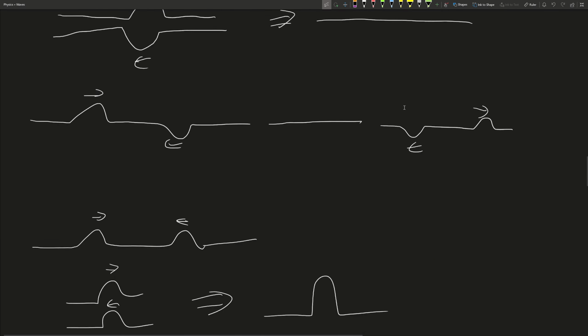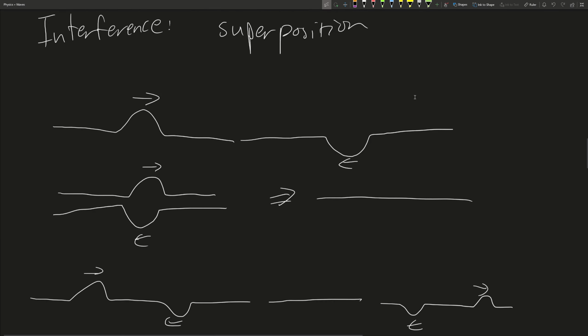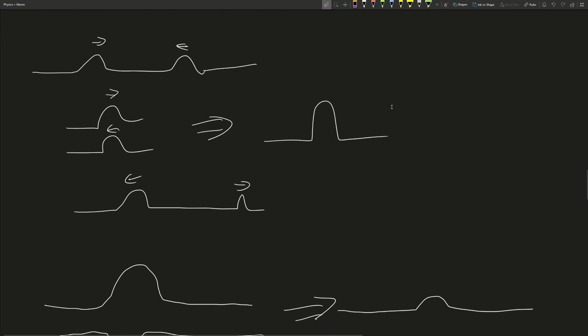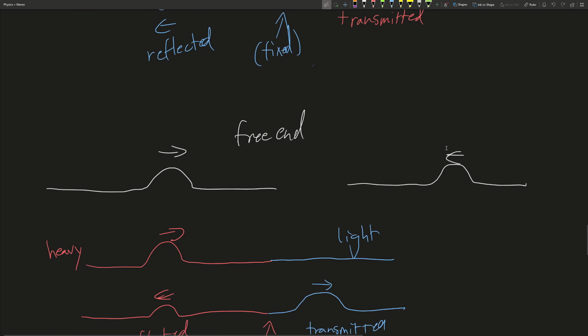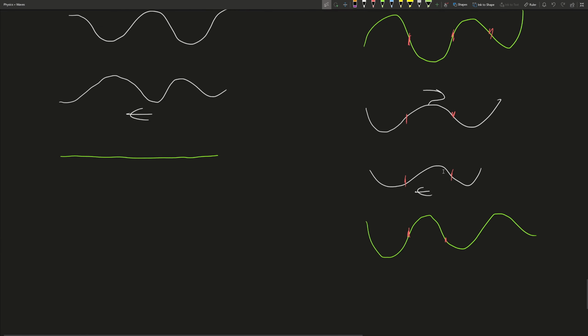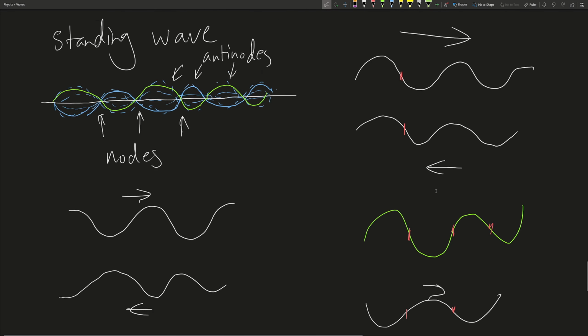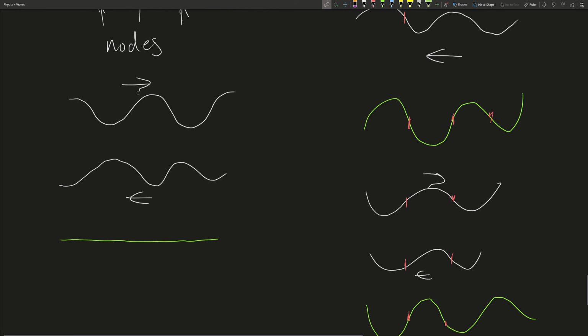So with interference and superposition, when waves cancel out, it's called destructive, and when they add together like this, it's called constructive. But with standing waves, there are points where they're always destructive, or 0, and those are going to be your nodes.